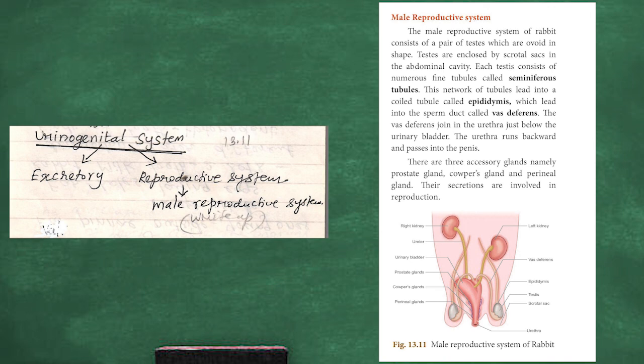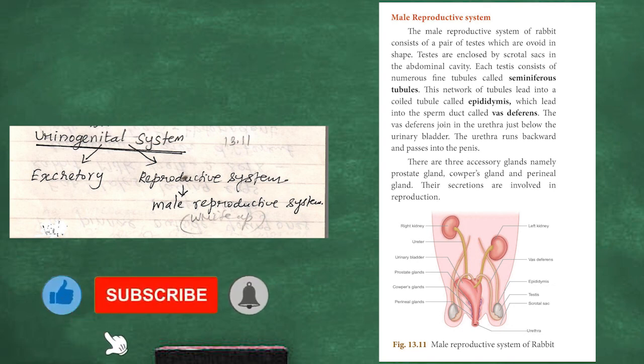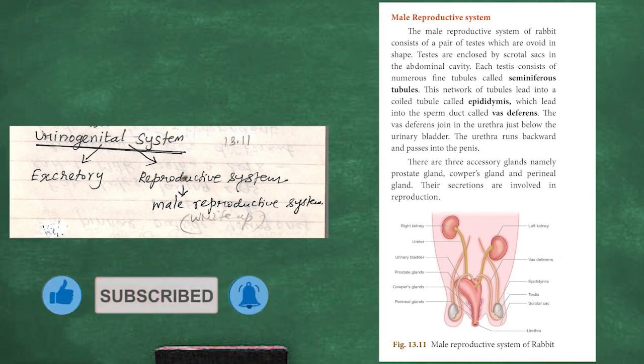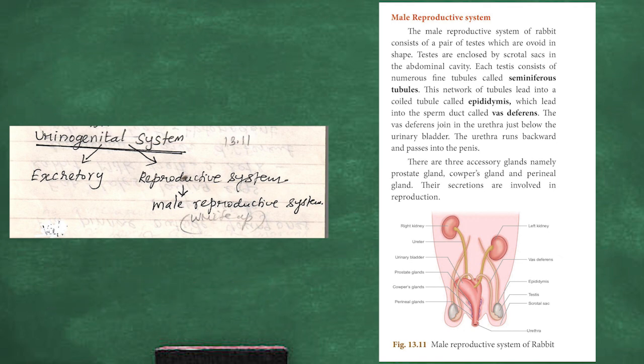Okay. Then here the important points are, first you have to remember seminiferous tubules, male reproductive system. Each testis consists of numerous fine tubules called seminiferous tubules. This network of tubules leads into a coiled tube called epididymis.